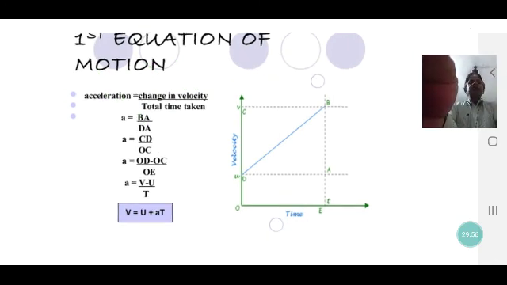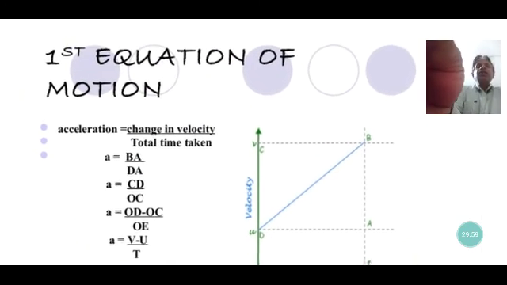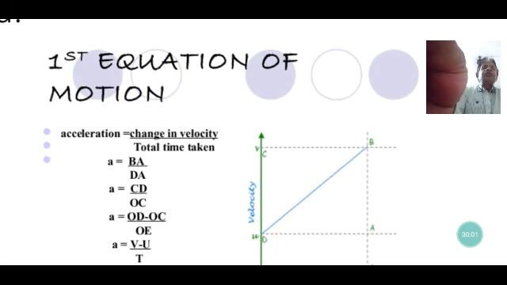Look here. Acceleration is the change in velocity by total time taken. That is the definition of acceleration. If we divide the change in velocity by time, we get the value of acceleration.